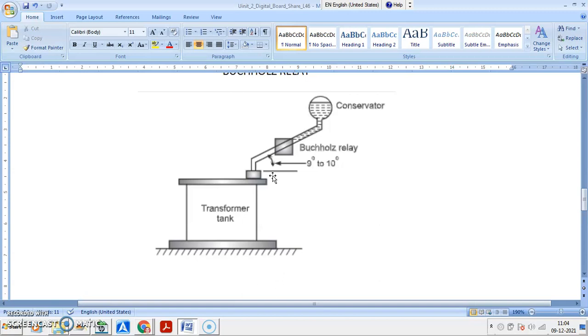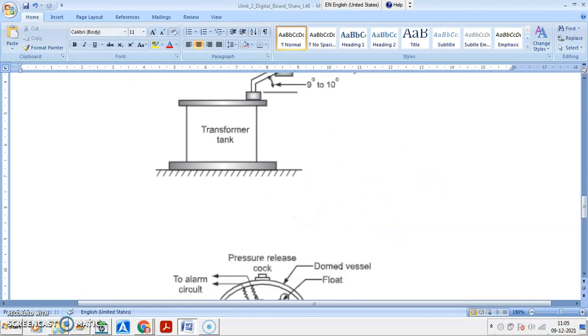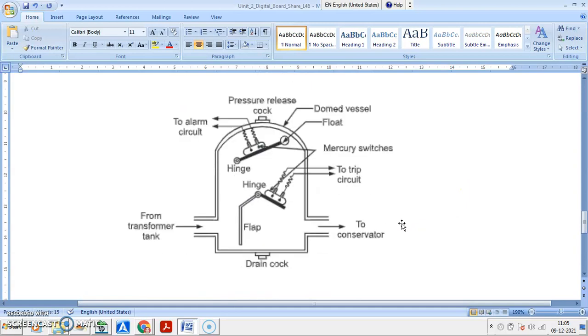Then as far as the construction of Buchholz relay is concerned, you can see this diagram. Construction of Buchholz relay. It is having two different types of protections, or two different types of provisions made.